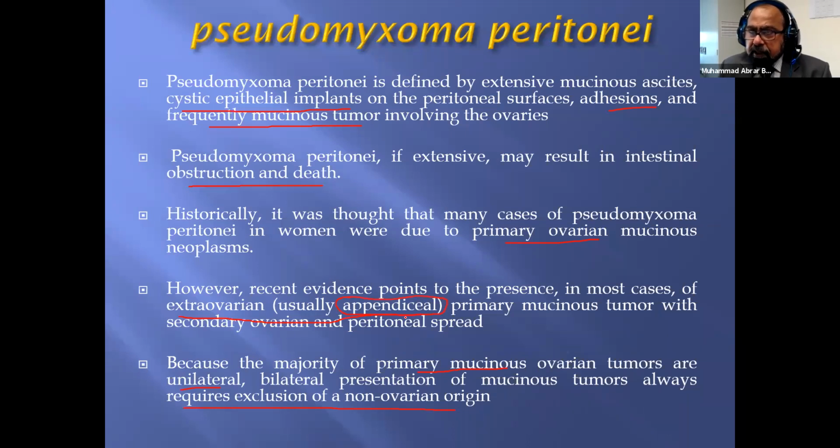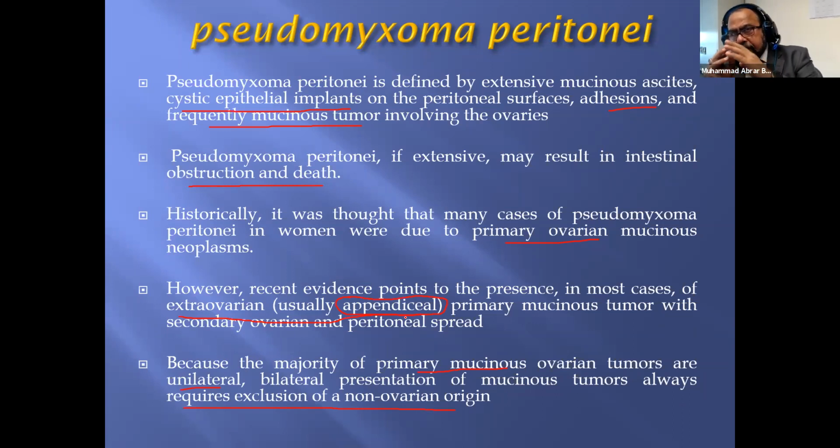When he sent us the appendix, we saw the same mucinous tumor, although the appendix was not as big as the ovaries, because the ovary has a large area to expand, but the appendix does not expand that much. The size of the appendix was not that big, but we saw the same amount of cells and the same amount of mucin in the appendix.